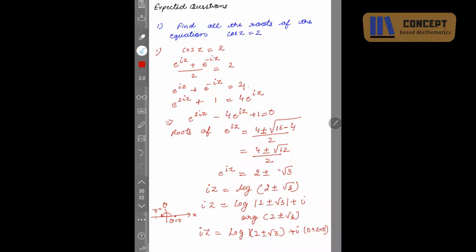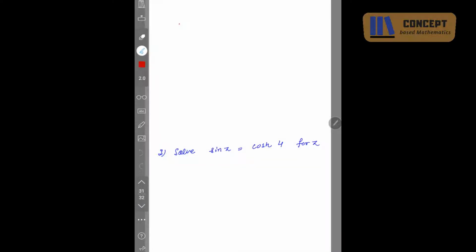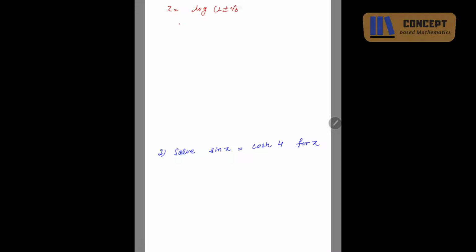Next, I am taking iota z in this denominator. Z is log of 2 plus minus root 3 plus iota, this is 2n pi.